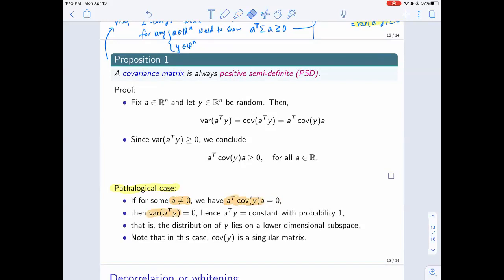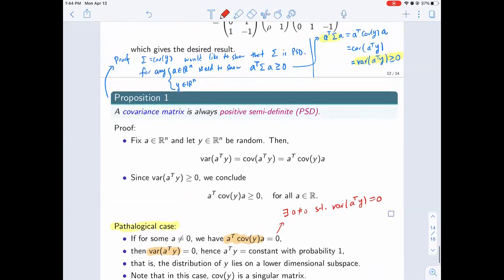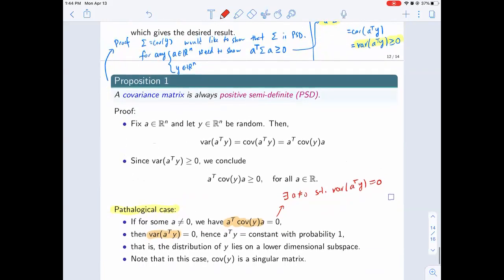So this is saying there exists non-zero A such that the variance of A transpose Y is 0. That's what our calculation shows, because A transpose covariance of Y A is the same as the variance of A transpose Y.